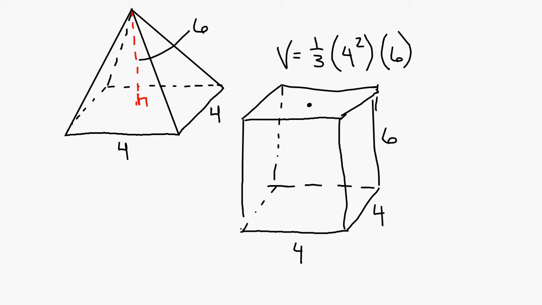Okay? Wouldn't it be 2/3? Right? If you drew this pyramid inside of here, you see all the stuff that's not there? Mathematically, you get rid of it.